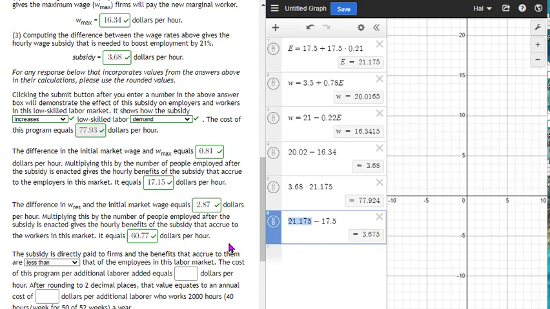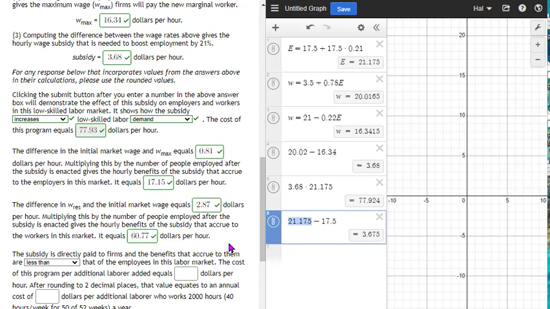Okay, so what I'm asking for here is the cost of this program per laborer, not the 21.175, but the laborers that were added as a result of the program, right? That's how you really want to calculate this cost, right? It's not the cost per laborer in the labor market.